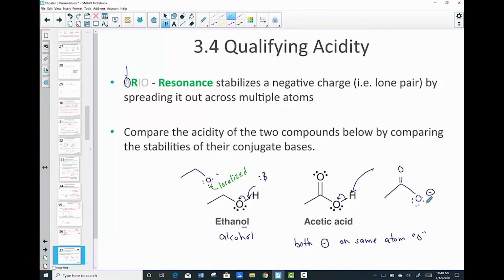However, the bond, when it collapsed on the carboxylic acid, can be delocalized. In other words, they can be resonance stabilized. The extra set of electrons can form a pi bond here.